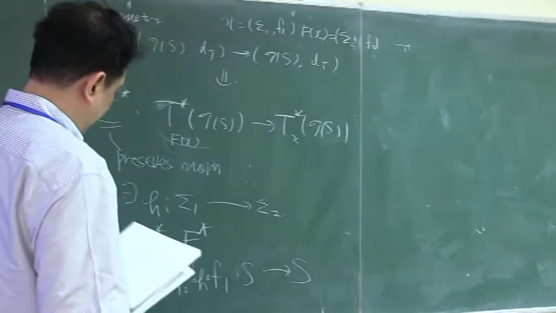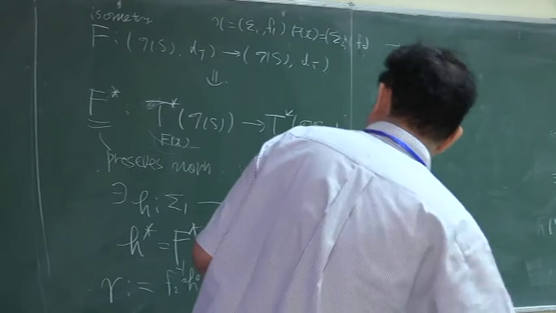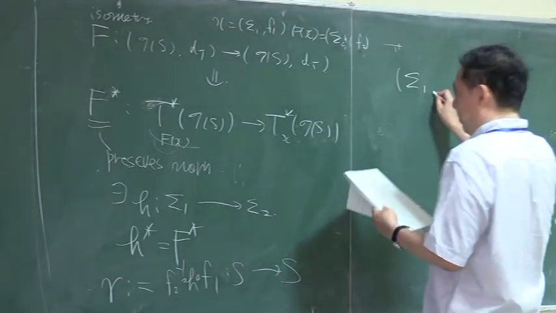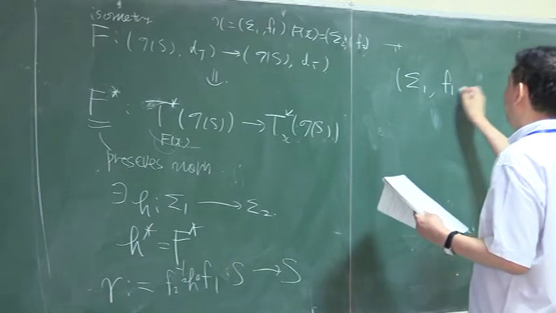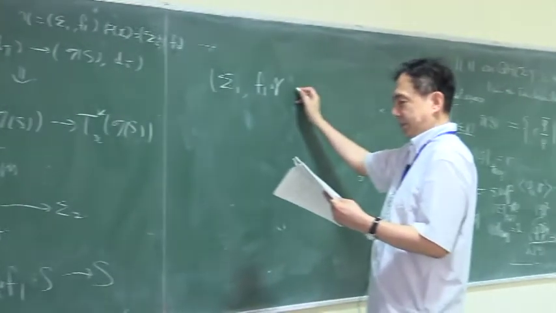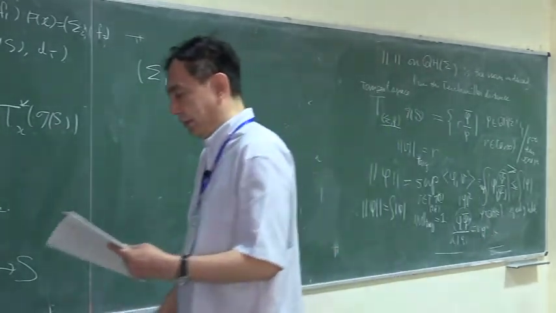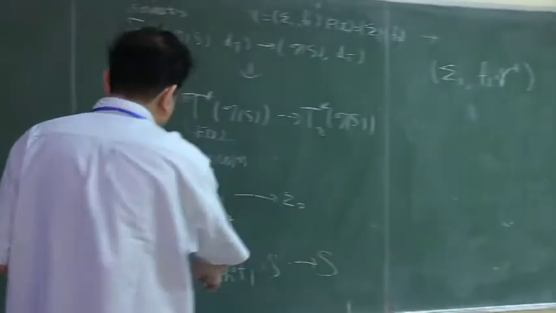Then we just consider sigma 1 and F1 gamma inverse. Okay, so that was the action of the mapping class.